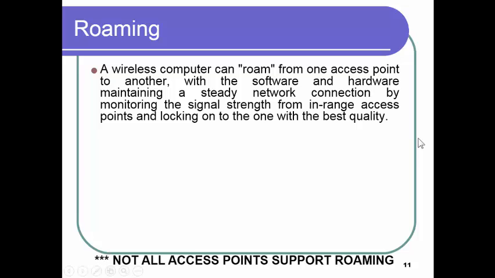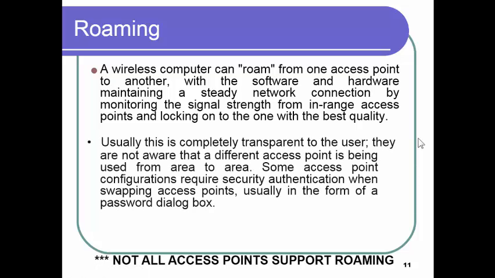The decision is taken either to provide the roaming service to the mobile station or not. Usually this is completely transparent to the user. They are not aware that a different access point is being used from area to area.